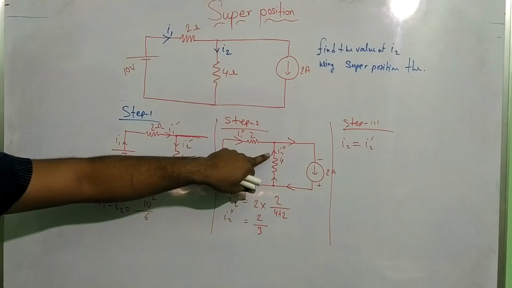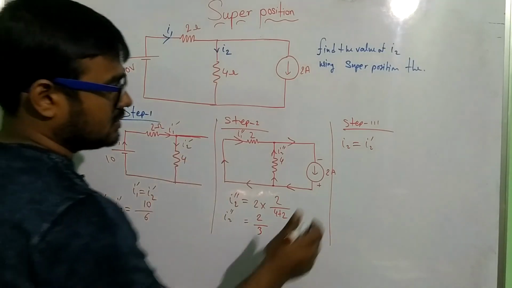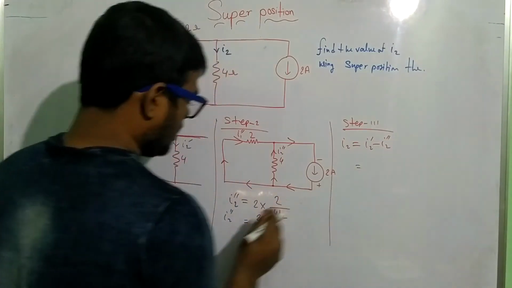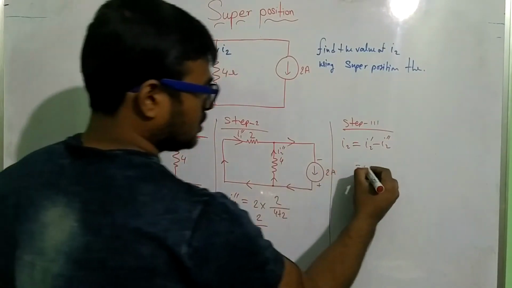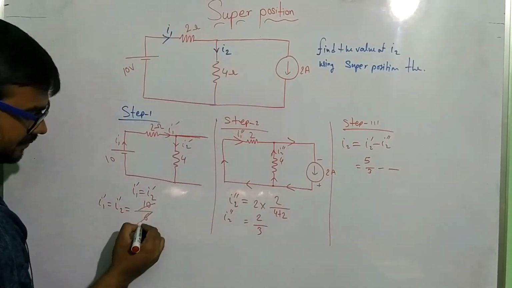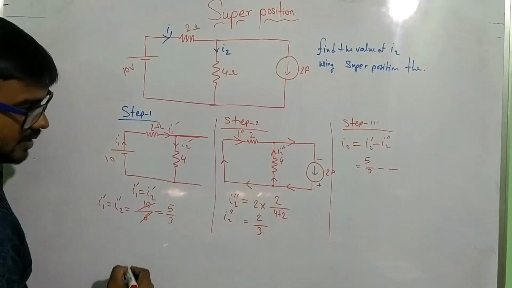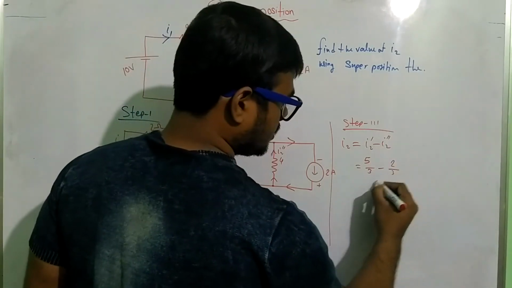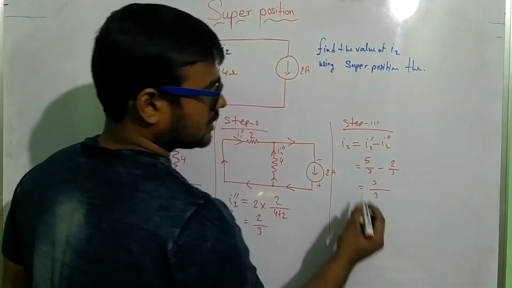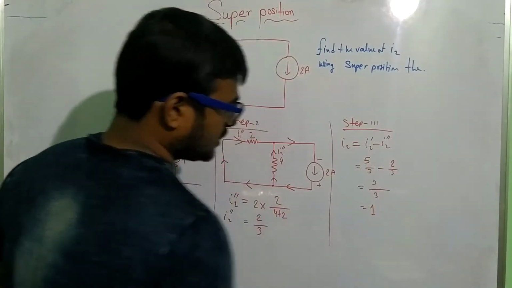But in step 2 the current direction is opposite. That's why this is minus I2 double dash. So we write down the value, 5 by 3 minus, if I calculate, 5 by 3 minus 2 by 3, that means 3 by 3, that means 1.